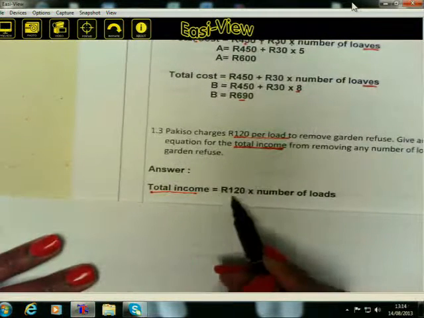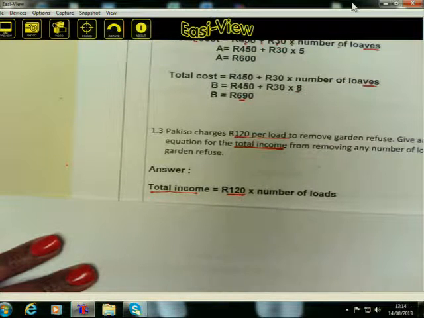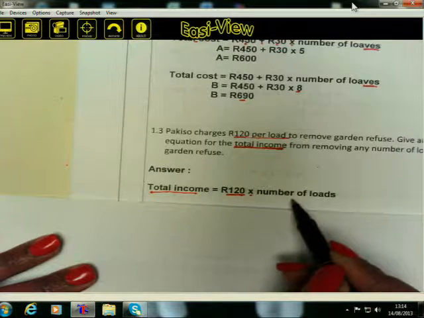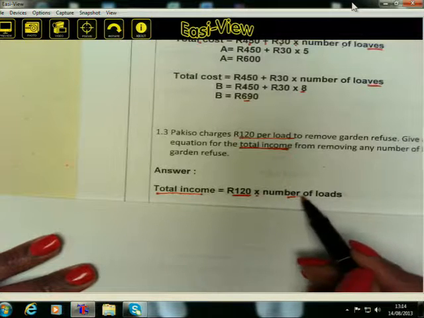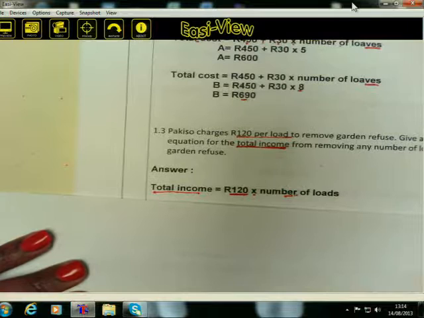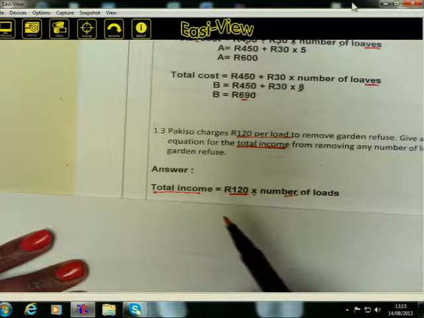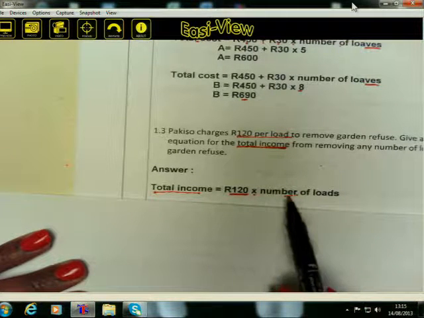So total income is equal to 120. Remember Pakiso charges 120 per load. Then we multiply that by the number of loads. So the income of Pakiso will be based on how many loads Pakiso takes of garden refuse. So our formula for the total income will be total income is equal to 120 multiplied by number of loads.